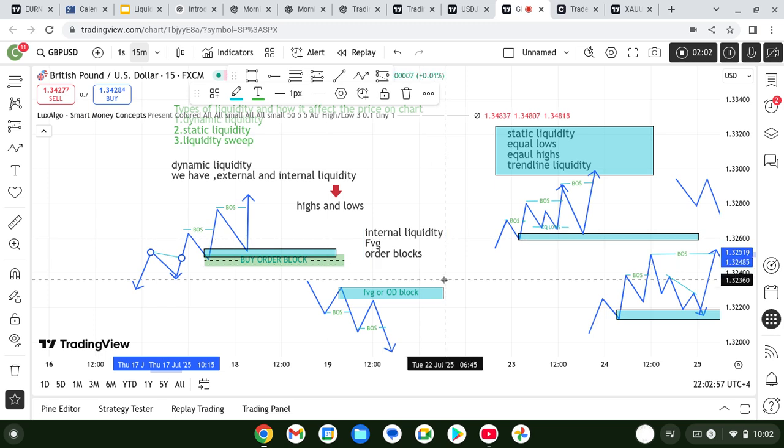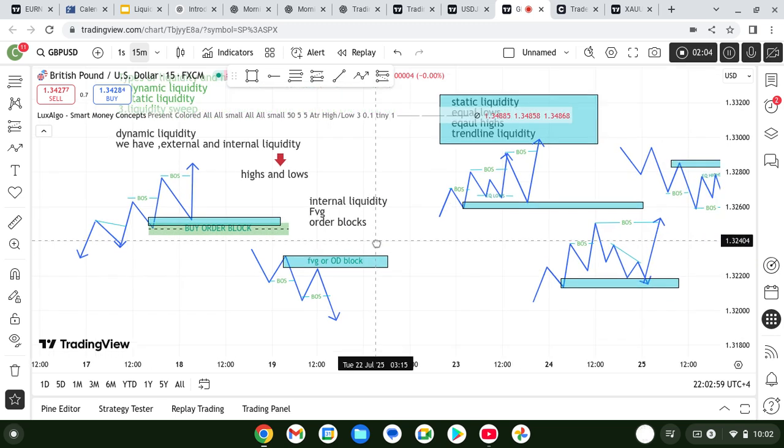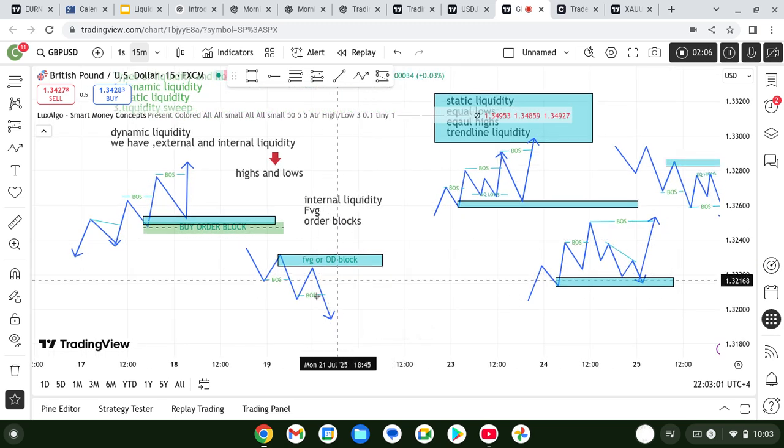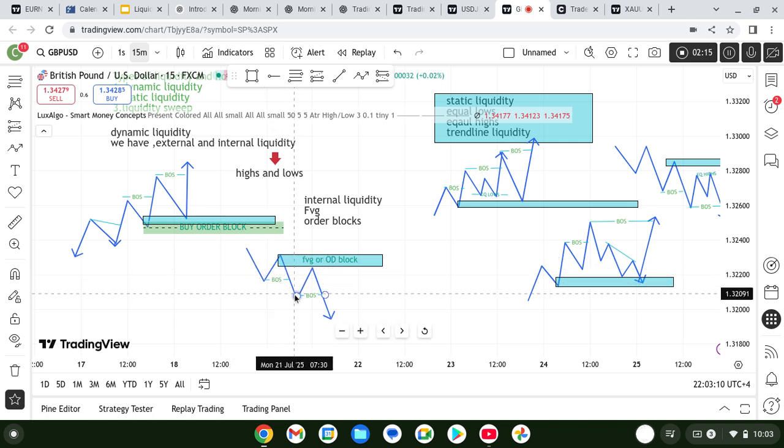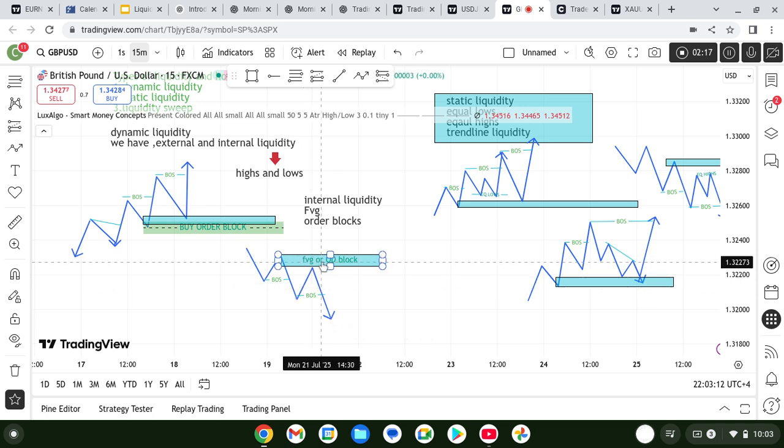In another scenario, a downtrend, the market will come from external and go to internal to take some liquidity. In this case, we have fair value gaps and order blocks as our internal liquidity.